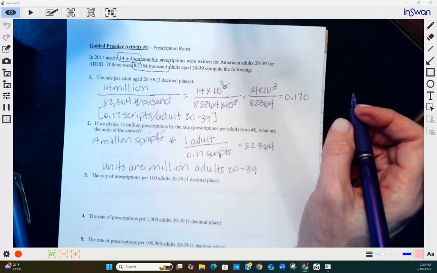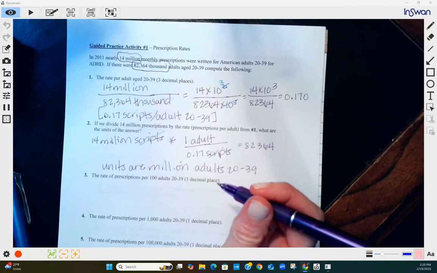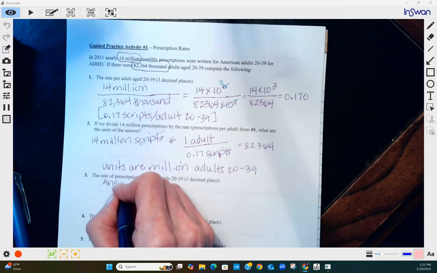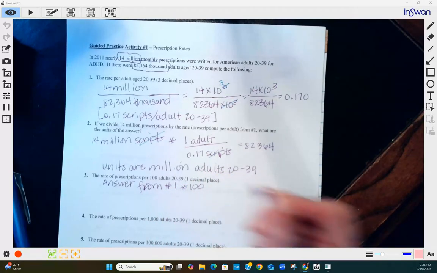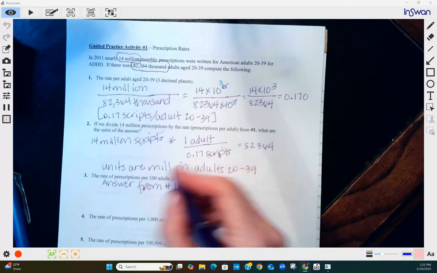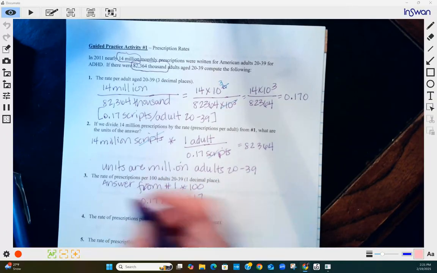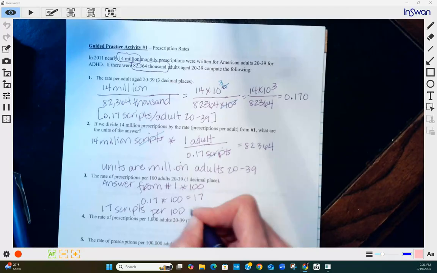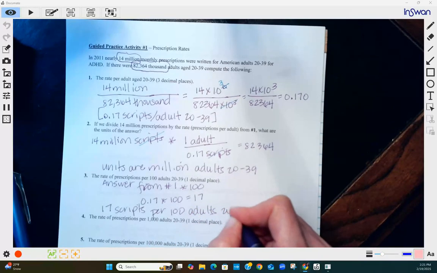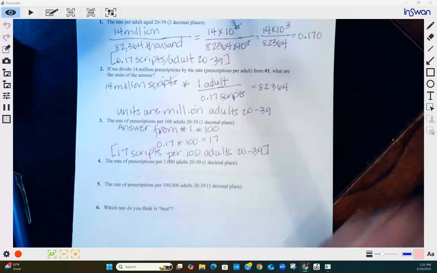Okay, the rate of prescriptions per 100 adults, 20 to 39. So we're going to use the answer from number 1 times 100, because it's per 100 adults. So 0.17 times 100 just equals 17. What did that tell us? It's 17 prescriptions per 100 adults, 20 to 39. Then we're going to do per 1,000 adults.